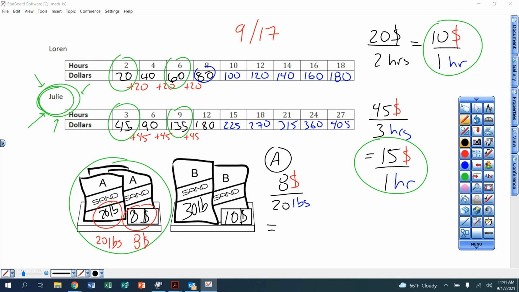That gives me 8 divided by 20 is 0.4. That's 40 cents technically, or 0.4 of a dollar for every pound.